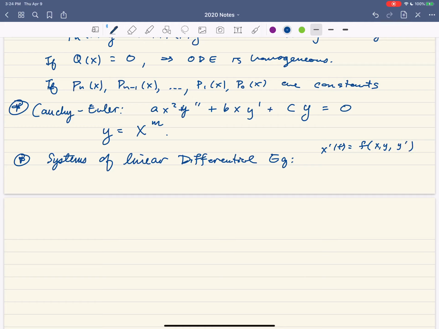All these derivatives are with respect to t. And y prime is equal to some other function g of, say, x, y, and x prime. And then you want to try and figure out, so f is going to be a linear function in x, y, and y prime. How do we solve this system? How do we find a solution for x and y that satisfies both these equations at the same time? That's what we were after.